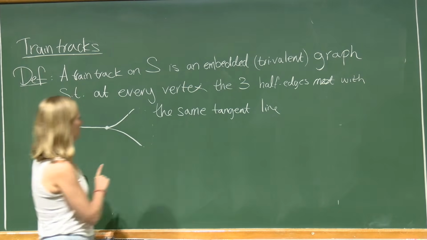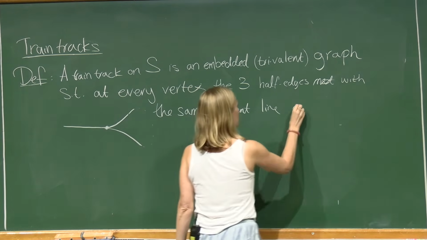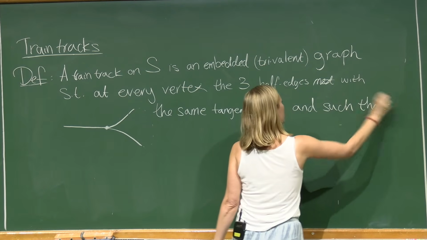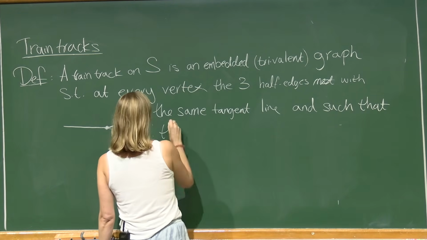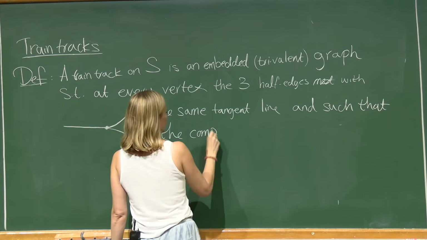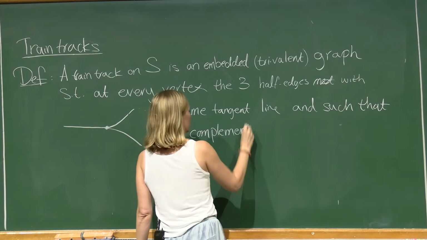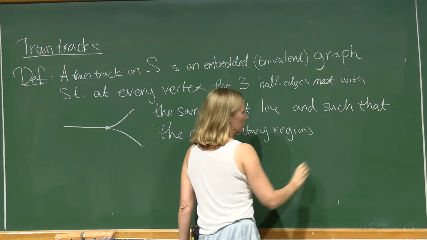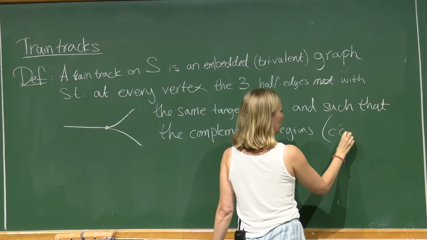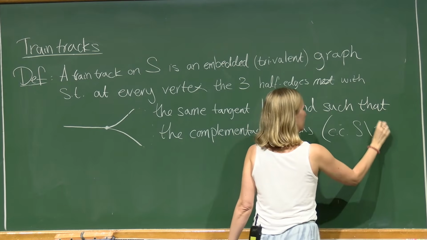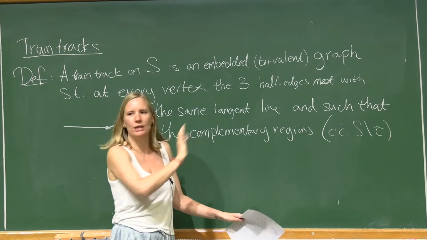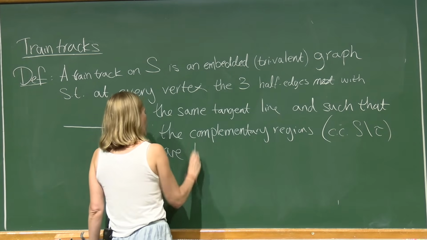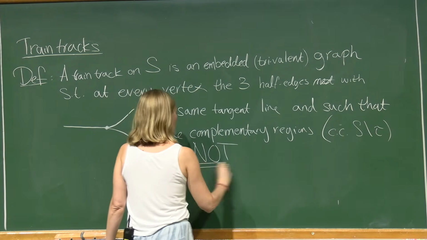Okay, together with the following condition, such that the complementary regions, I mean the connected components of S take away this graph, or maybe take the metric completion of those complementary regions, are not one of the following.